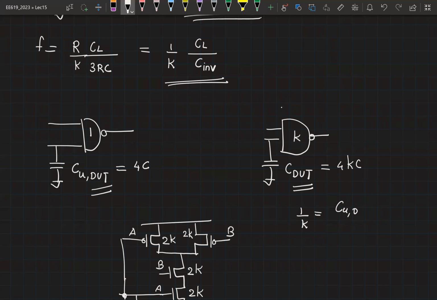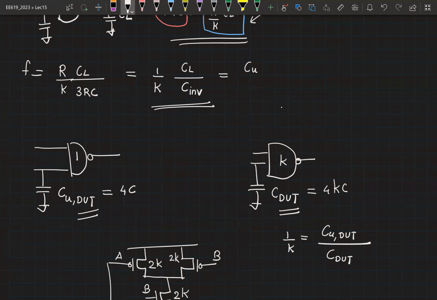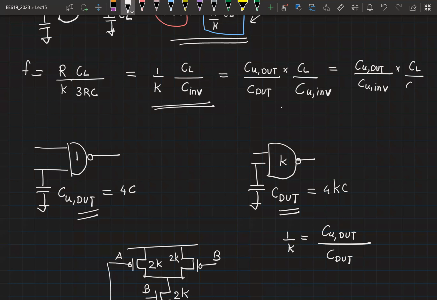So the unit DUT input capacitance divided by C DUT. So I will replace it here. So C U DUT divided by C DUT into CL by C inverter. But C inverter is again the unit inverter, so I will represent that explicitly. I'll rearrange this. And then I have CU DUT divided by CU inverter into CL by C DUT.